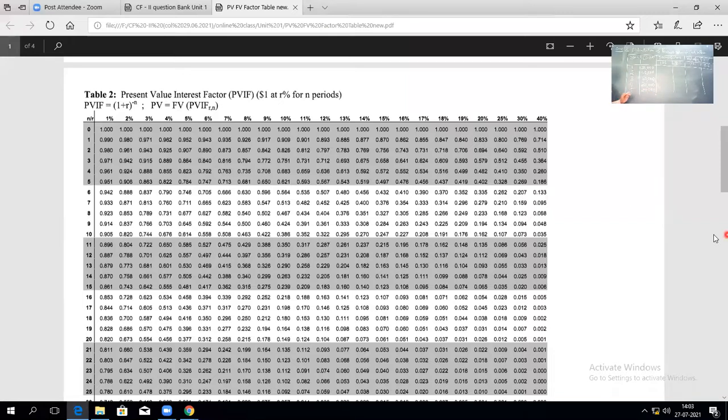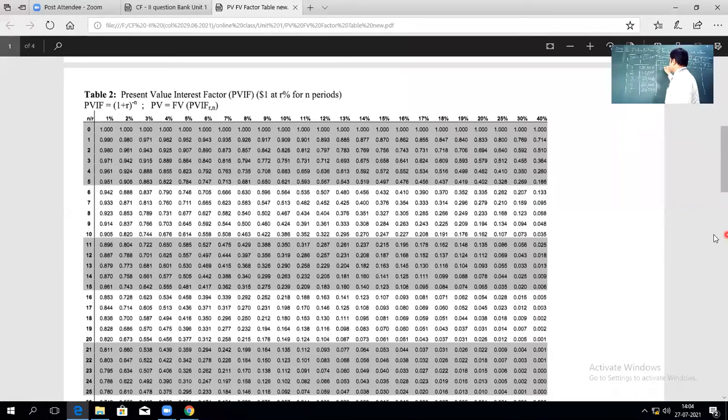You can see one more screen where I put the PV table. From the table, you tell me for 10% how much is the discount factor for the first year. Go to the next page. First year, not 0 year. 0 year is 1.